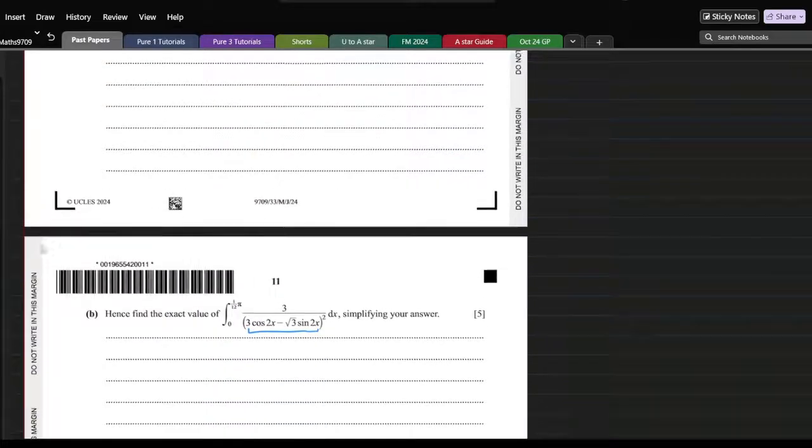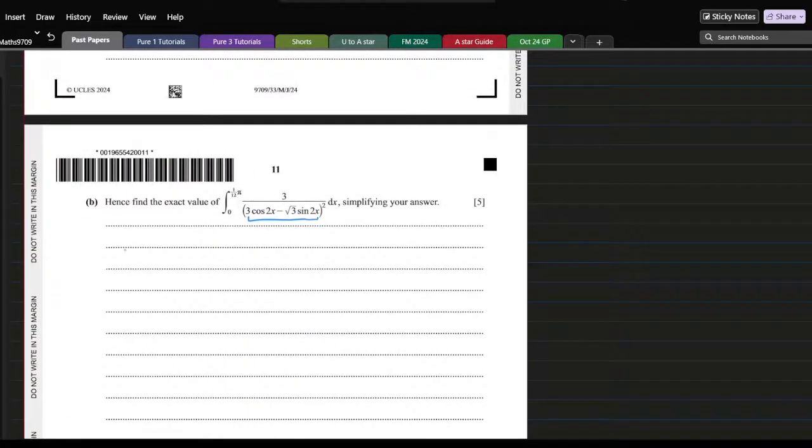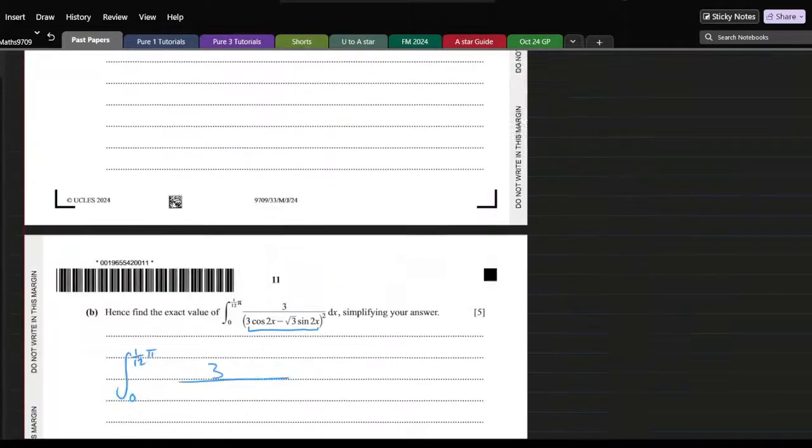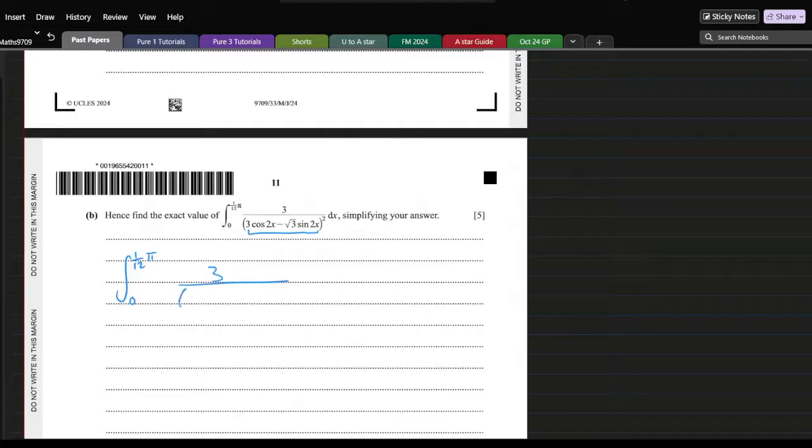So we can replace that and say that this is the integral from 0 to 1 over 12 pi of 3 over, what do we have, 2 root 3 cos 2x plus 1 over 6 pi, and this is squared.